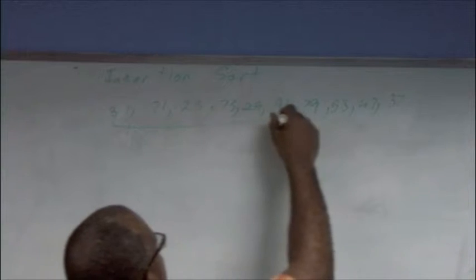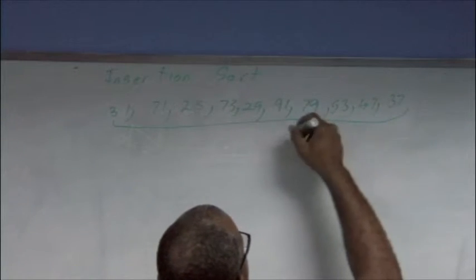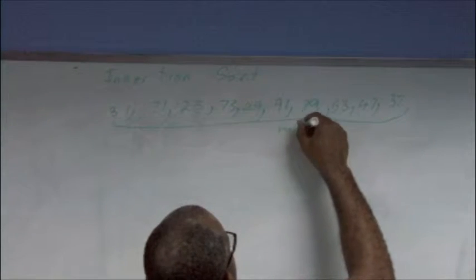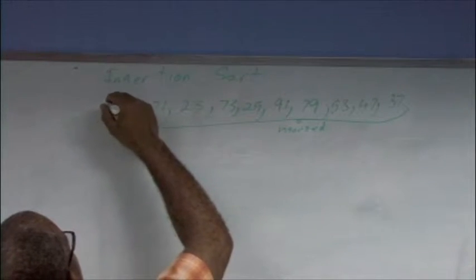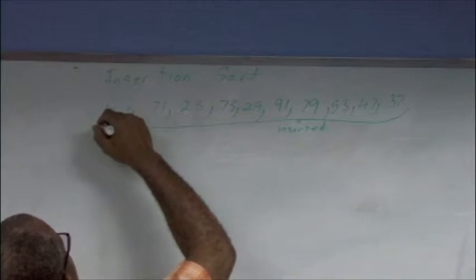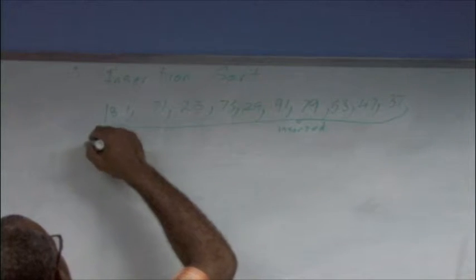Now at the beginning of the sort, the entire list is unsorted. So we can say that's the unsorted portion, and in front of that is the sorted portion at the start.